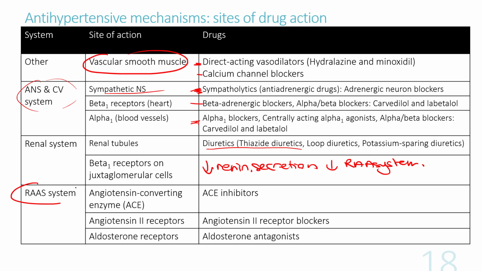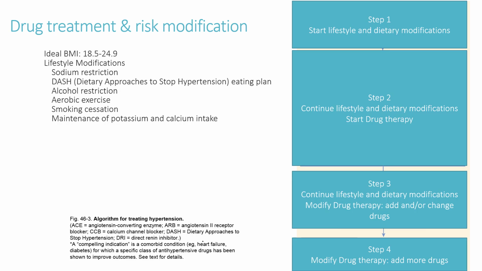And that brings us to the Renin-Angiotensin-Aldosterone system. You can choose to block it at these three various sites. And again, we've talked about most of it. We haven't talked about vasodilators, and as I said, we're going to talk about that in the next lecture.